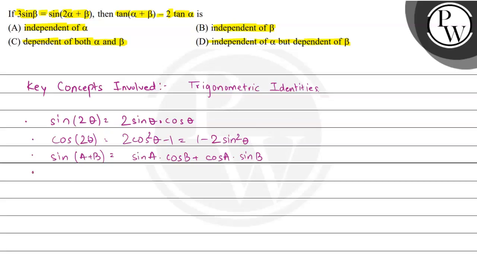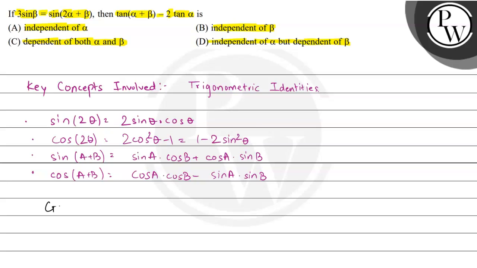The last identity that we'll be needing is cos of a plus b, which is cos a times cos b minus sine of a times sine of b. The other thing that we'll be using will be basic things like sine theta upon cos theta equal to tan theta and such. Now, move on with the problem by listing the things that have been given to us.